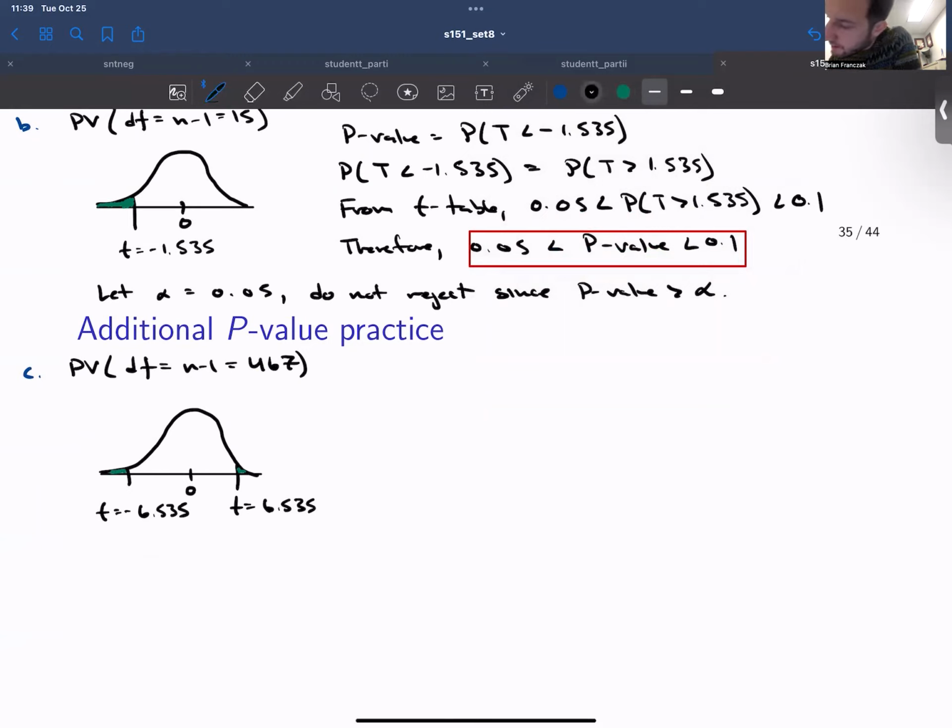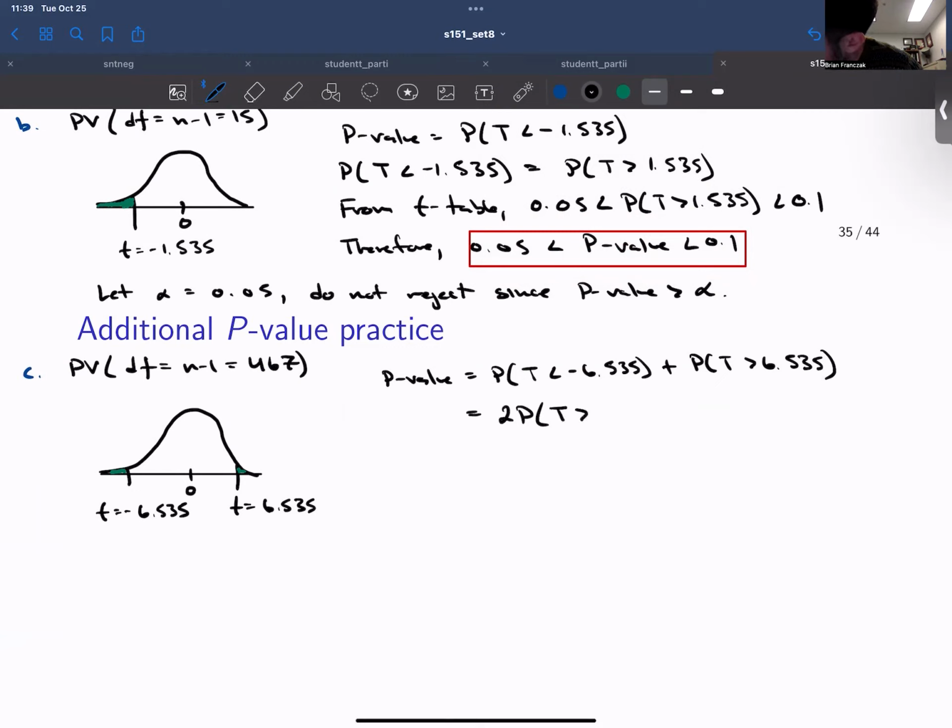So in this situation, the p-value is the probability that t is less than negative 6.535 plus the probability that t is greater than 6.535, which is 2 times the probability that t is greater than 6.535.